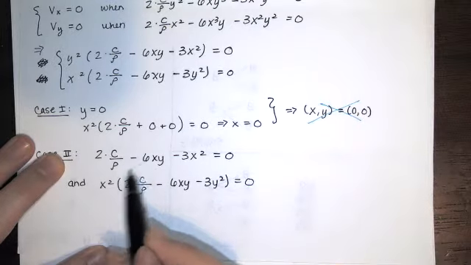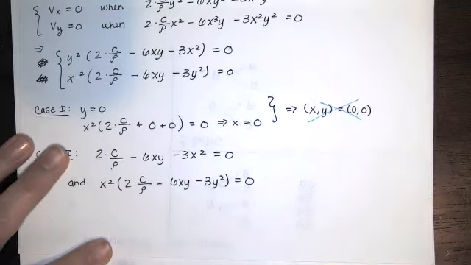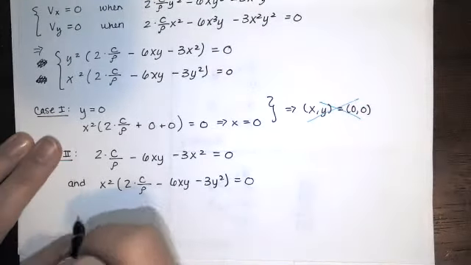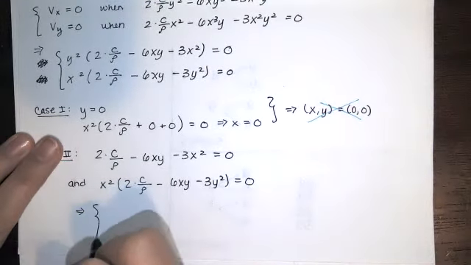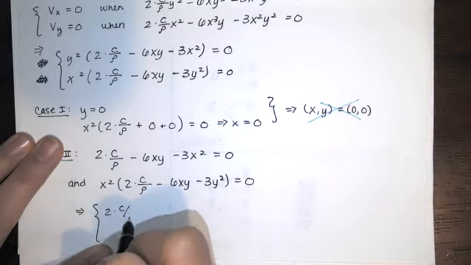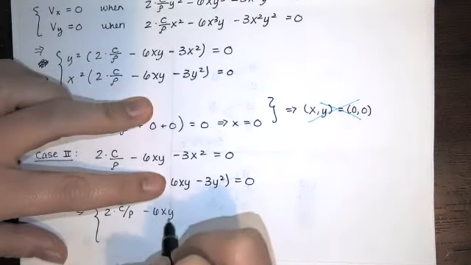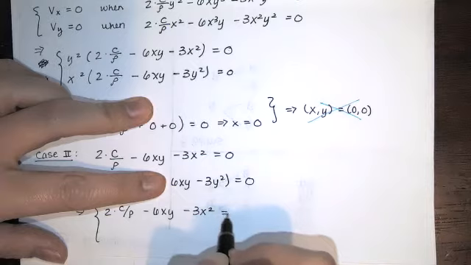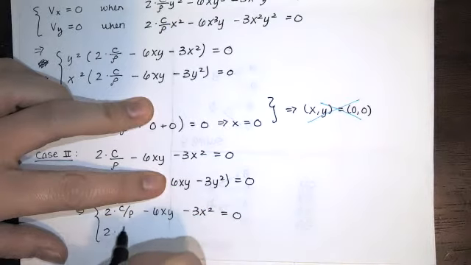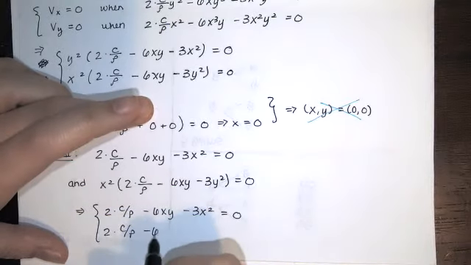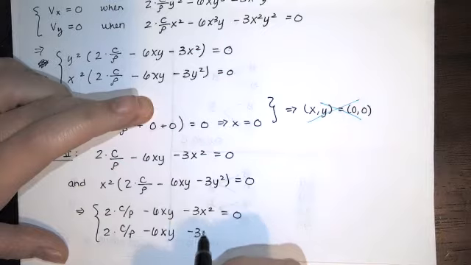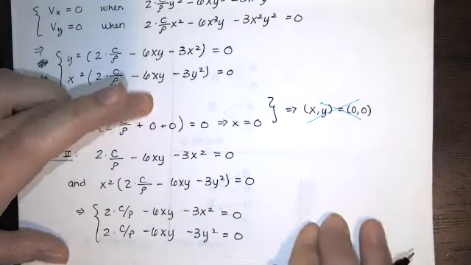Since x equaling 0 leads to something that's not possible for our given application problem, this is actually going to imply that we've got these two equations that must be 0 at the same time. 2 times this constant minus 6xy minus 3x squared has to equal 0. And 2 times that constant minus 6xy minus 3y squared also must be 0.